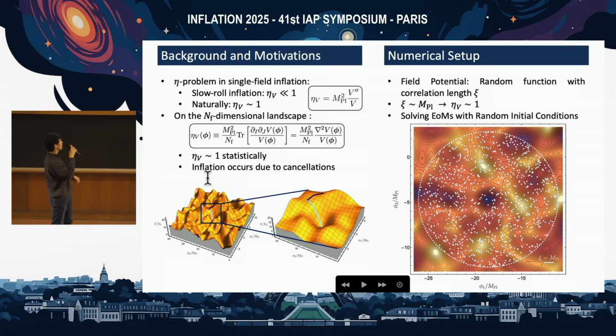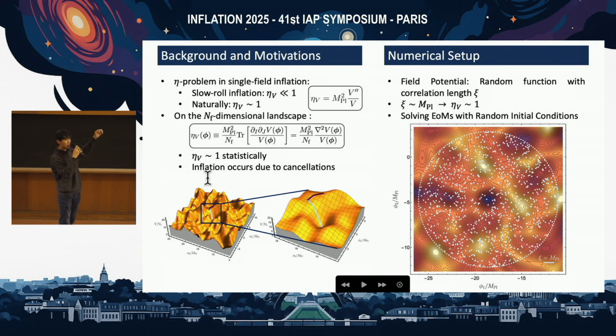Technically, we build up the field potential in terms of random functions characterized by a correlation length called xi. The quantity xi essentially controls the value of eta_V on the landscape and can be chosen so that the eta_V constraint is satisfied.